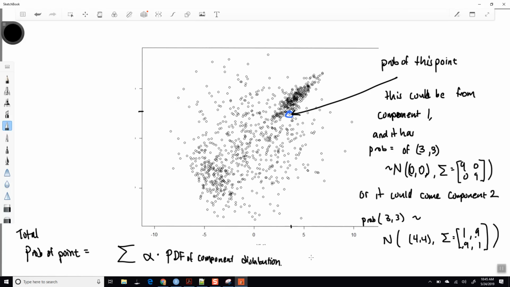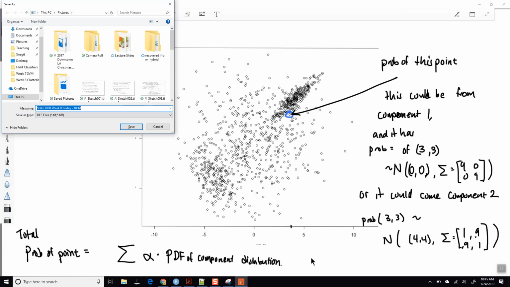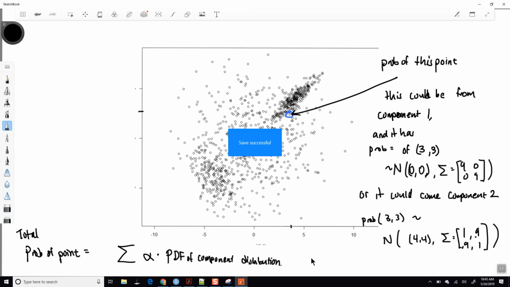And the theta sub k's that appear are just these parameters, the mean and the standard deviations of these things. Does that make sense?